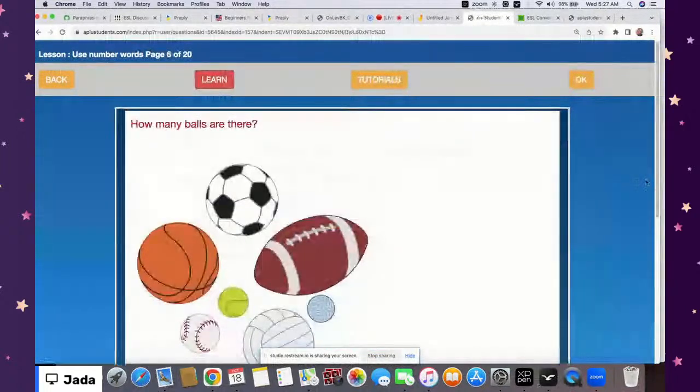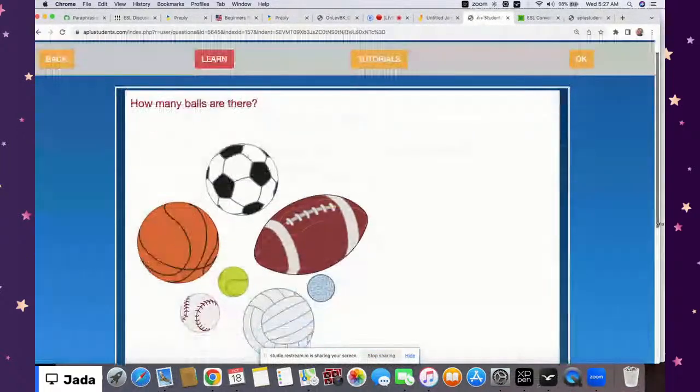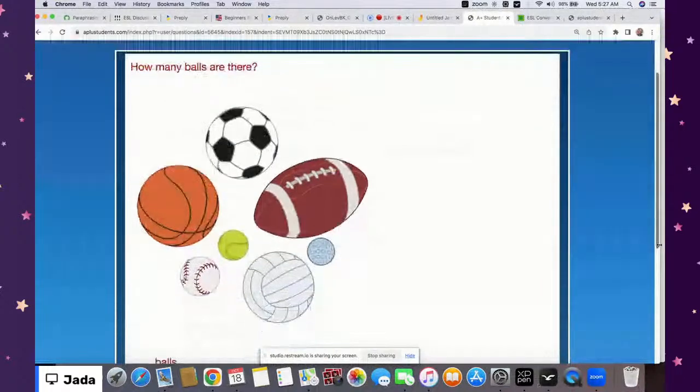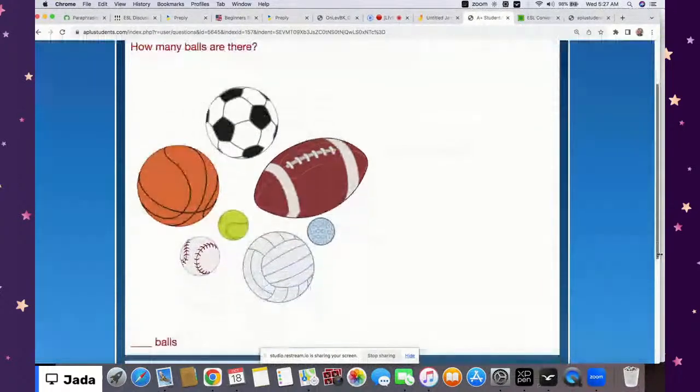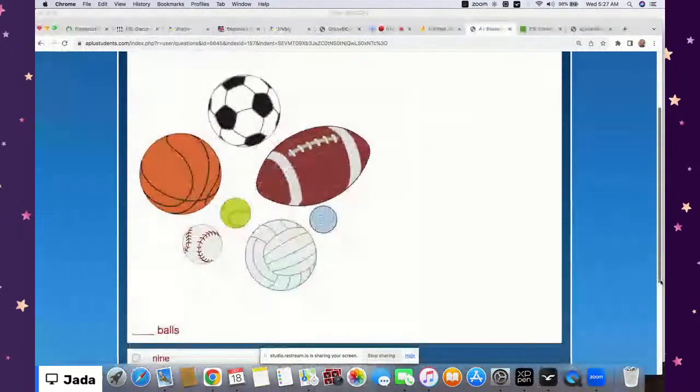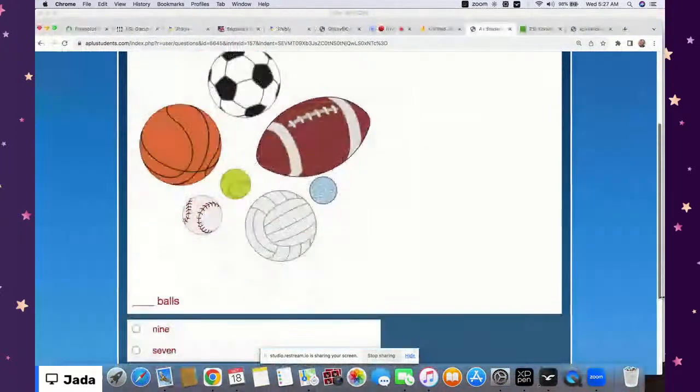And then how many balls are there? How many balls do you see here? So count the balls. How many balls do you see?